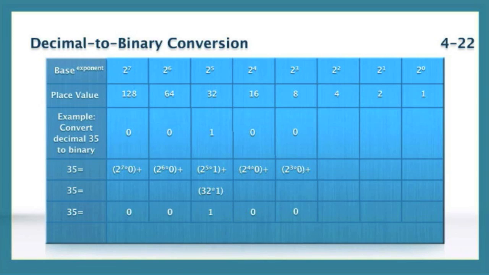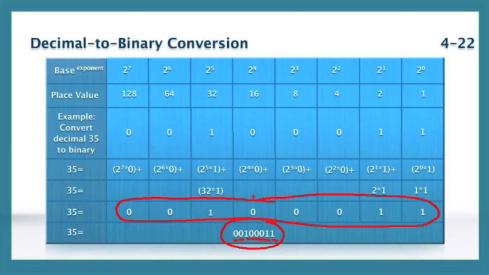Can we subtract 8 from 3? No. Can we subtract 4 from 3? No. Can we subtract 2 from 3? Yes. That gives us a remainder of 1. And of course, we can subtract 1 from 1. So 35 in binary is 00100011. It's the result of our little subtraction exercise that we did.